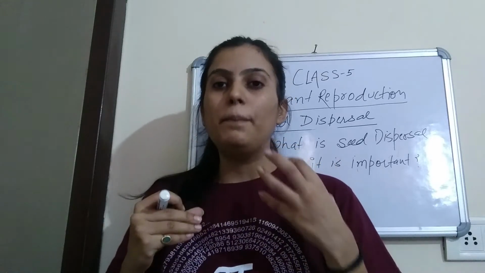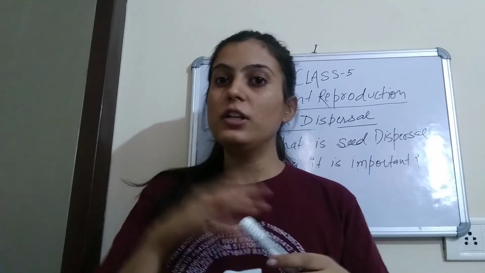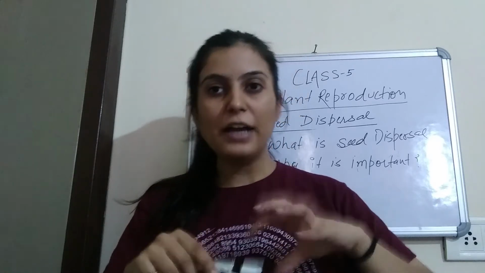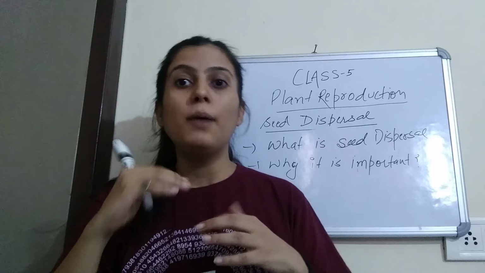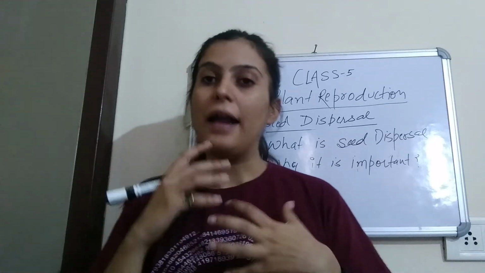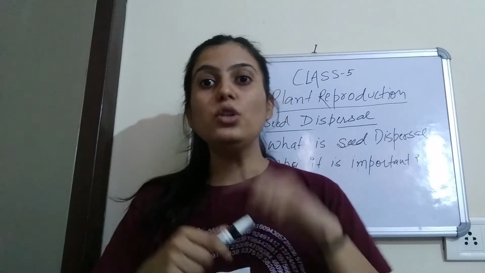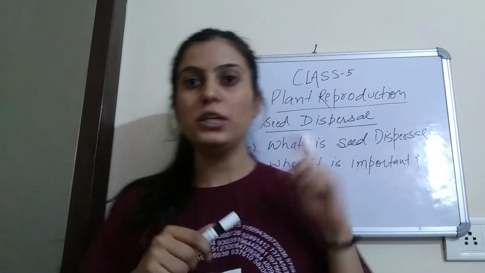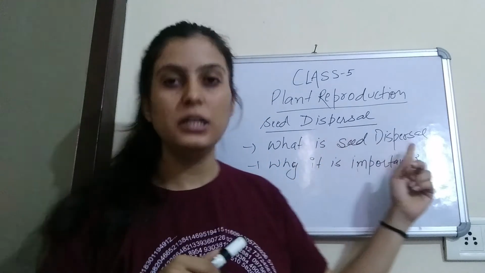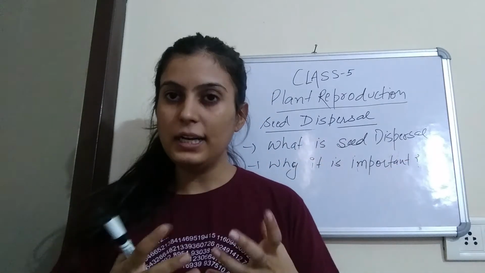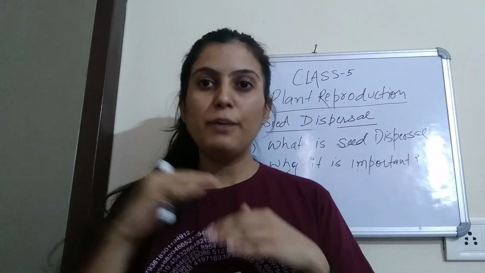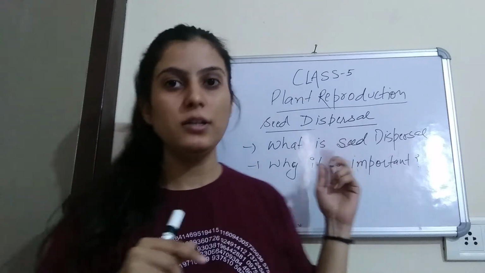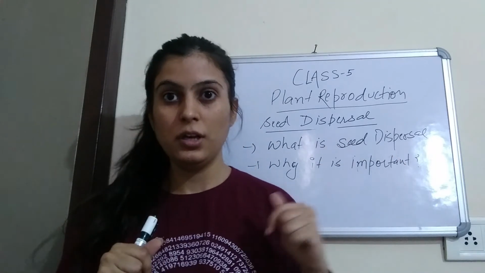So there is a need for the scattering of seeds at far away places so that plants can get proper air, water and nutrients. So this scattering of seeds is called seed dispersal. Basically, scattering of seeds at far away places is called seed dispersal.